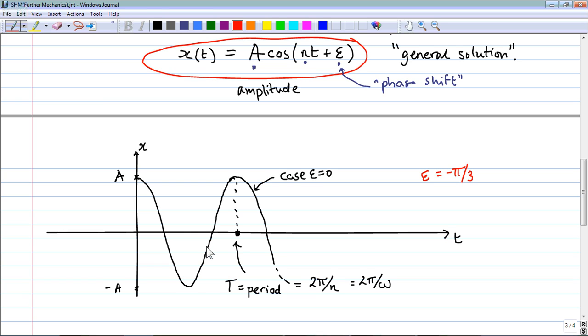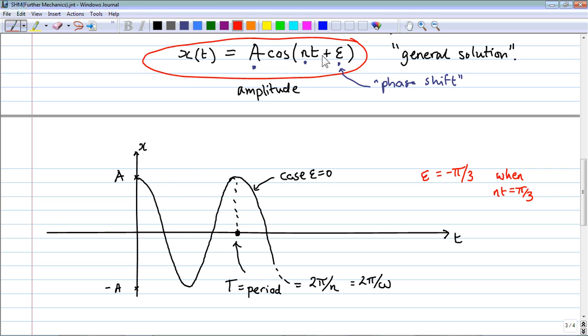So if epsilon is minus pi over 3, then when nt is pi over 3, pi over 3 minus pi over 3 gives 0, and we get the top of the wave. So when t is pi over 3n, whatever that is, we get the top of the wave.